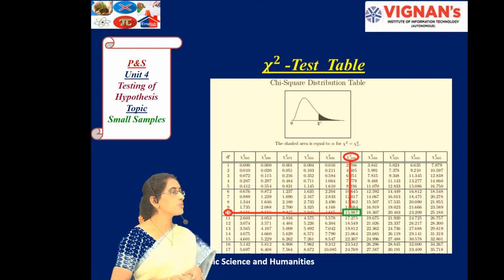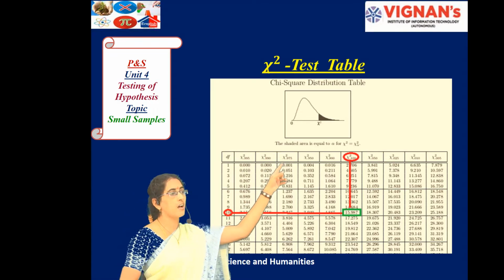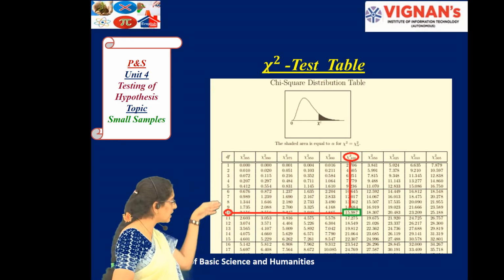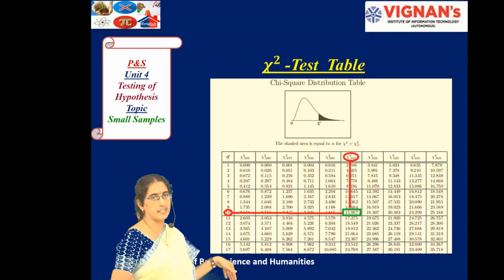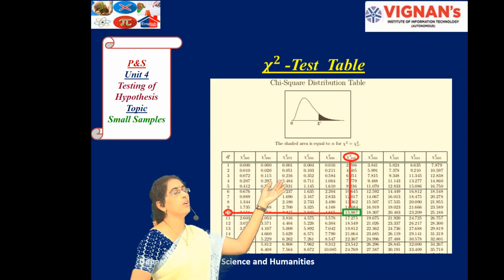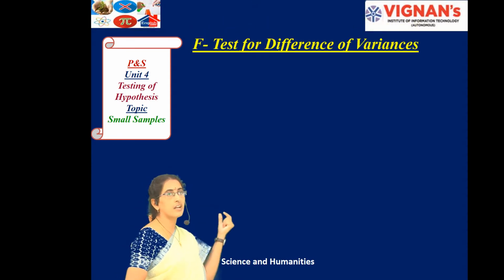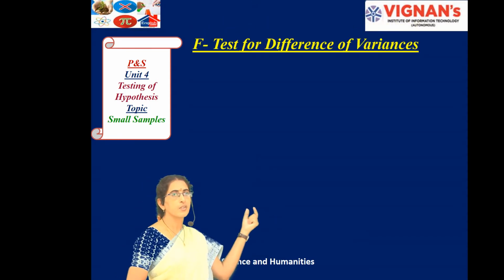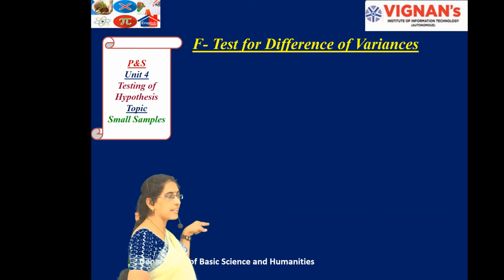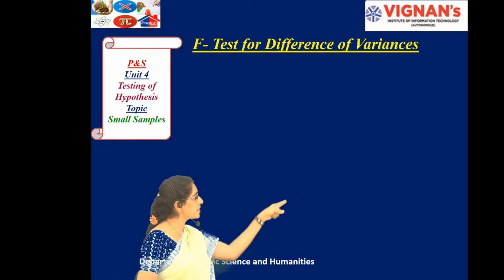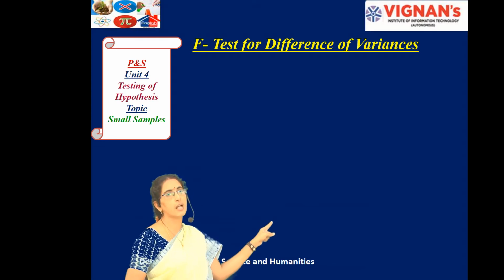The top represents the level of significance and vertically the sample sizes are given. At either 0.05 or 0.01 we look for the table value for the corresponding sample size. The coincidence value is the tabulated value.